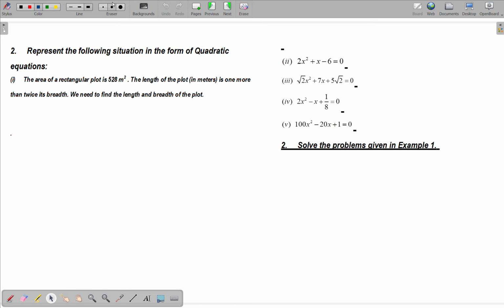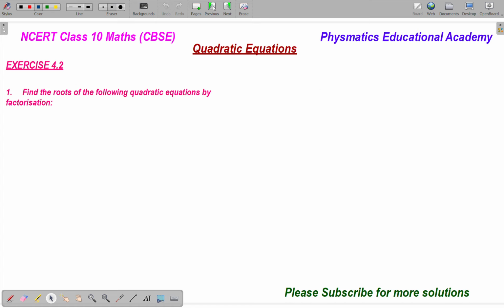Now question number 1. Find the roots of the quadratic equation by factorization.